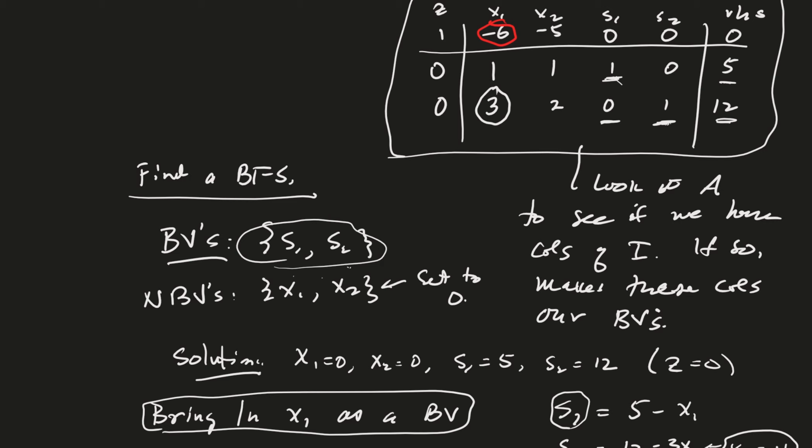And so we're going to pivot here. Okay, so instead of having the second column of the identity here, we're going to make it the first column over there.